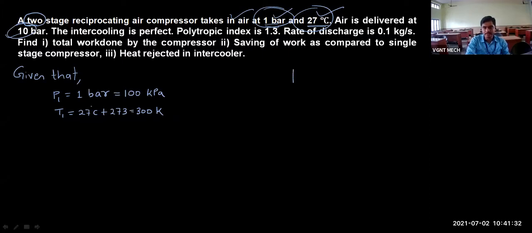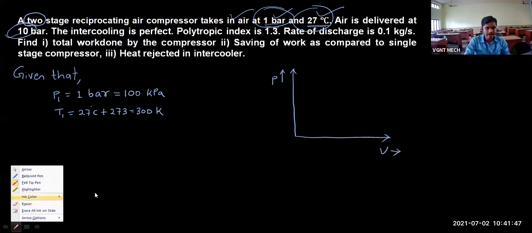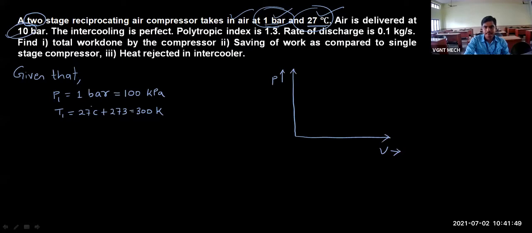For this two-stage compressor, it will always be better if you also draw the PV diagram in the problem. If you draw the PV diagram, then it will be excellent. Some more marks you will get. This is the suction process, 0 to 1.